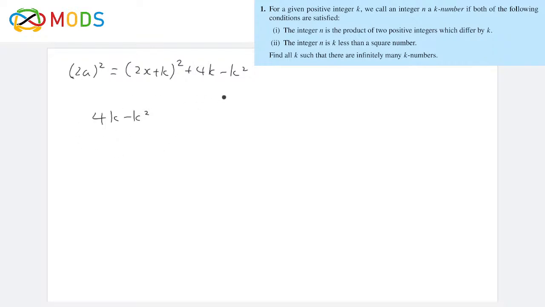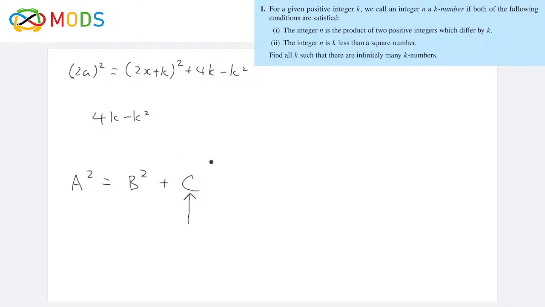So essentially, the solution to this problem, for the viewers, is that you have some square number equals some other square number plus the difference of 2 squares. And if you fix this number, the difference of 2 squares, then there are only finitely many solutions for a squared and b squared. Just because squares grow quadratically, right?